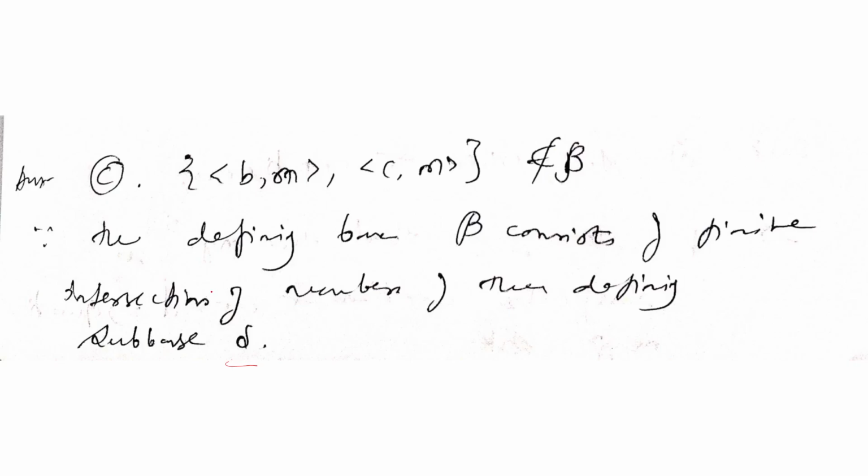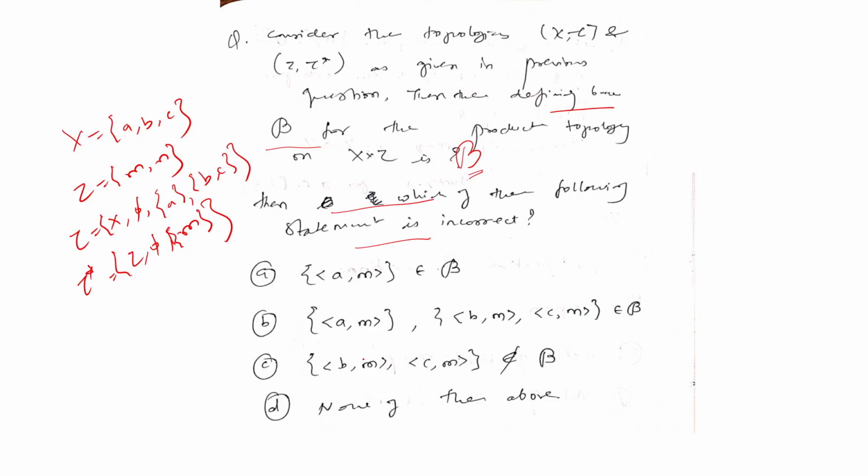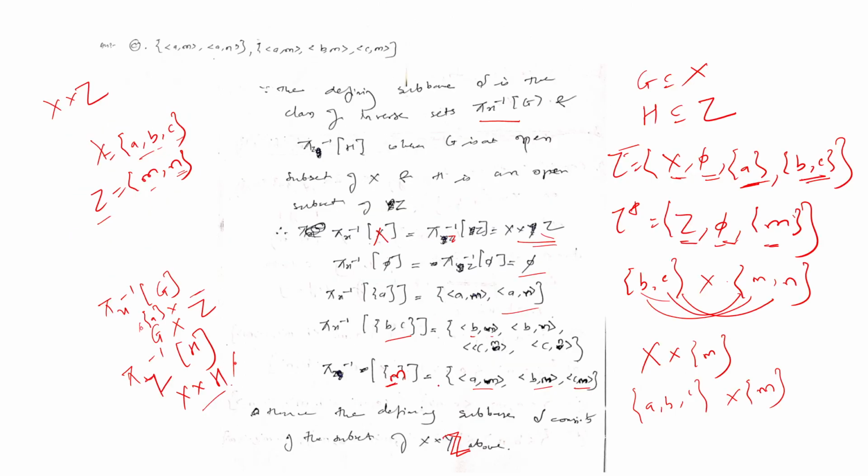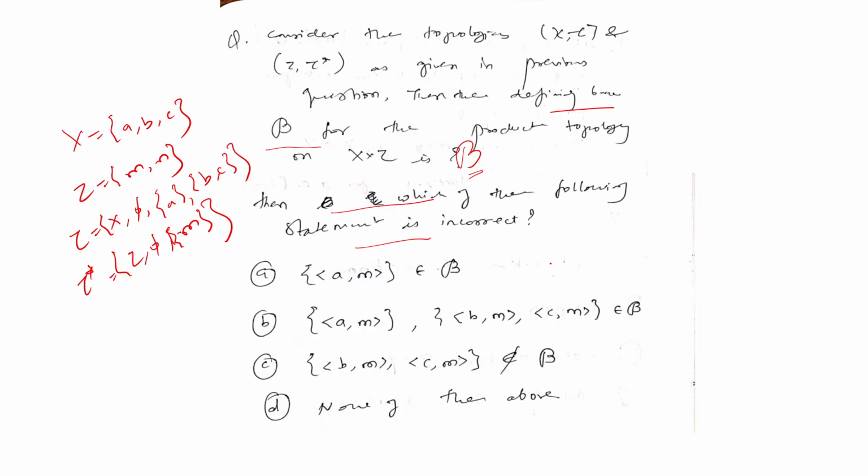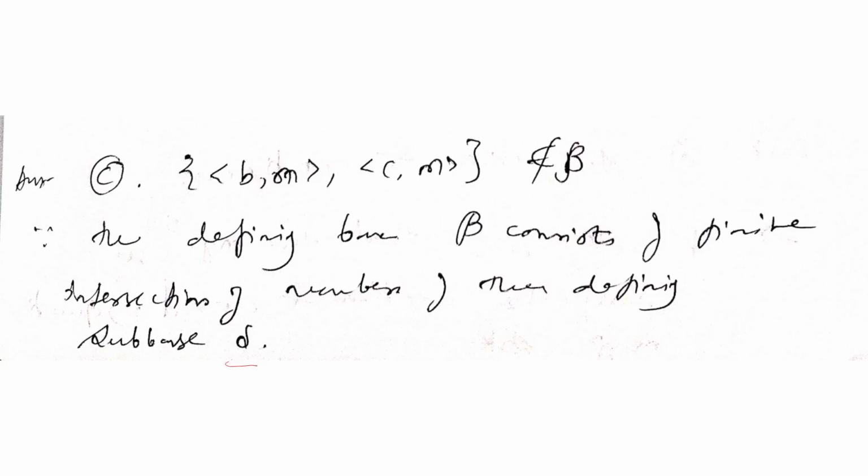It will consist of finite intersections of members of the defining subbase S. So whatever you were getting here, the subbase S, these members, you need to take these elements and their finite intersections also. Whatever sets you get, that will form the basis. Once you get that basis, you can see that its union will form X cross Z also.